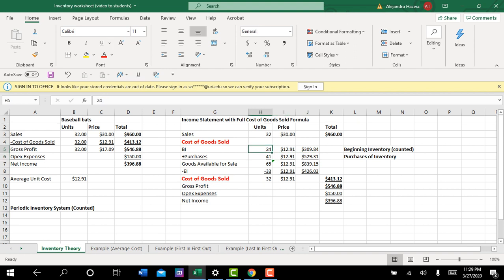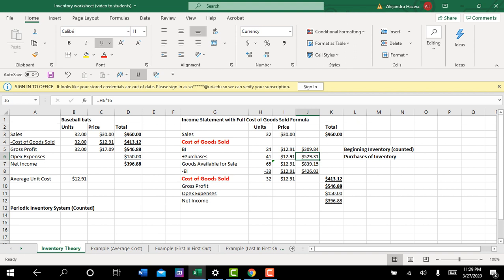So we've got two lines so far. First, the beginning inventory, which the company already had counted and on hand at the beginning of the period, 24 units worth $309.84. Then the company purchased 41 units at a cost of $12.91, and so the cost of the inventory purchased during the period was $529.31.